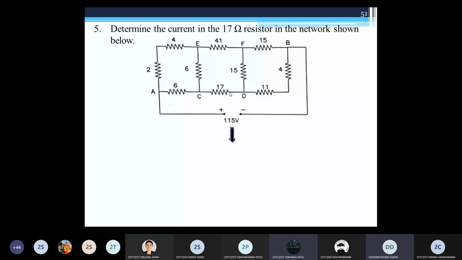Like derive the equation of equivalent resistance calculation for series connection and parallel connection, and likewise the derivation of the relationship between electric potential and flux density, as we derived the equation D is equal to epsilon 0 into E. Clear? So this type of derivation comes in the descriptive type questions. I will share the question bank so you can understand what type of questions can be asked in the exam. Okay. So don't worry about the exam.